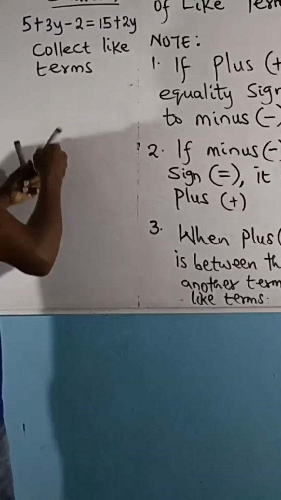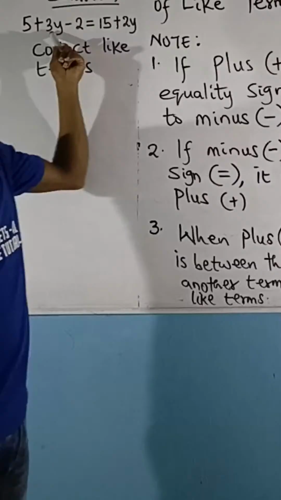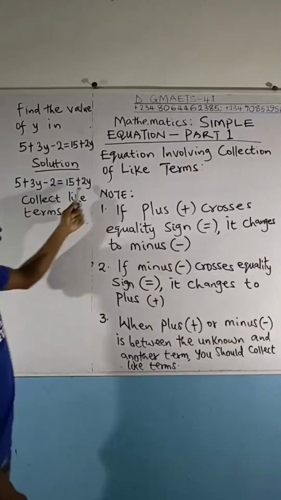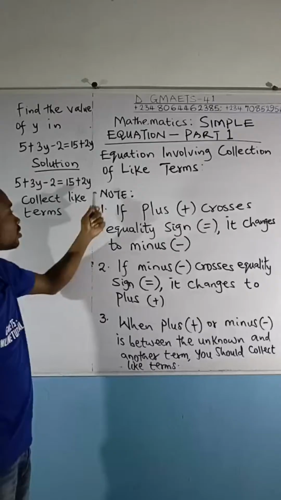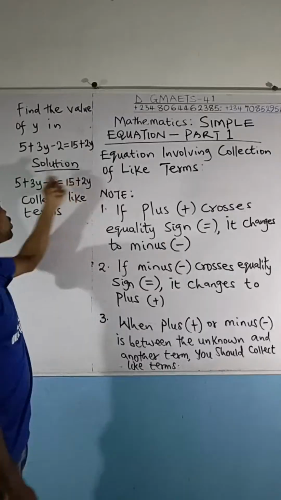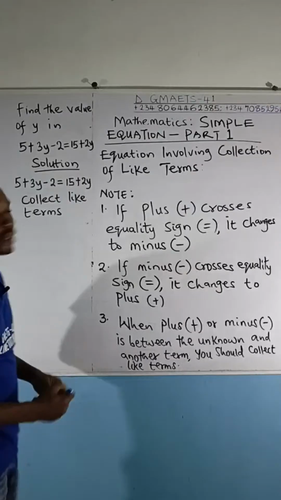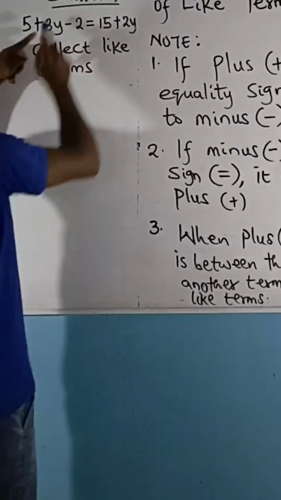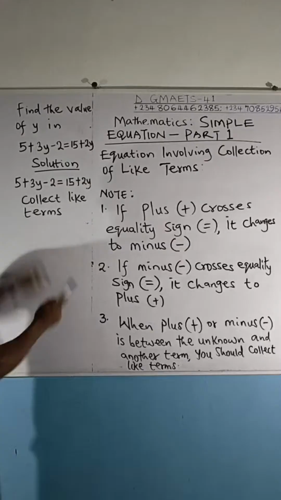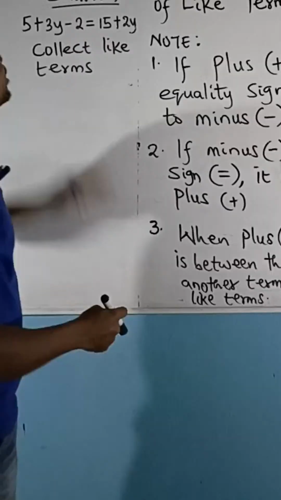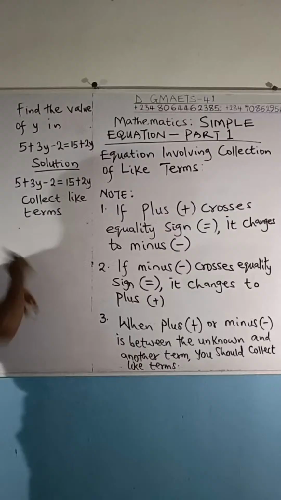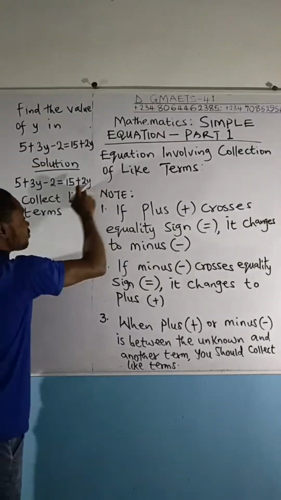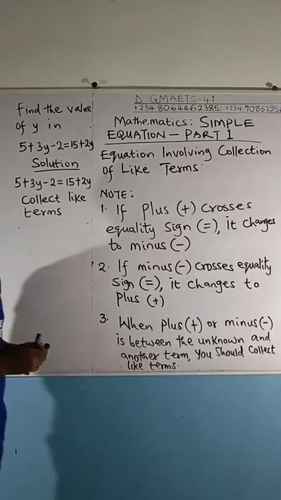So if you look at this, we have 3y on the left. On the right-hand side, you have plus 2y. It's also an alphabet. So move this 2y to meet 3y. This 3y is already on the left-hand side. So you write 3y on the left-hand side and move 2y from the right to the left.